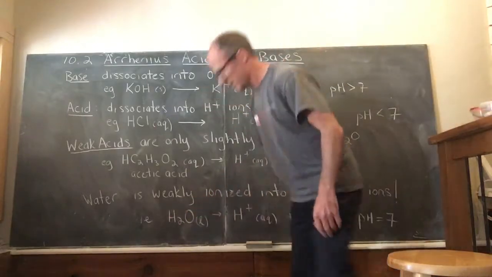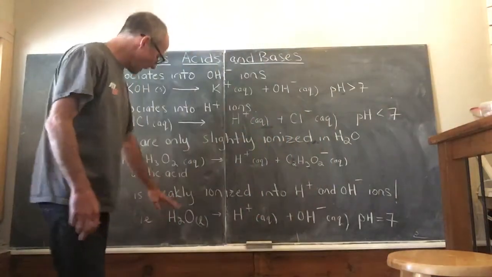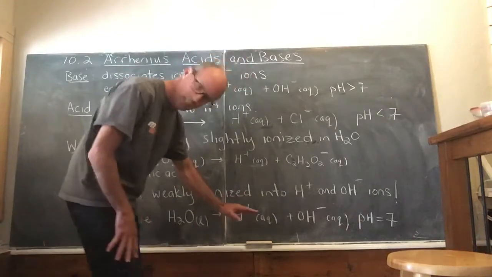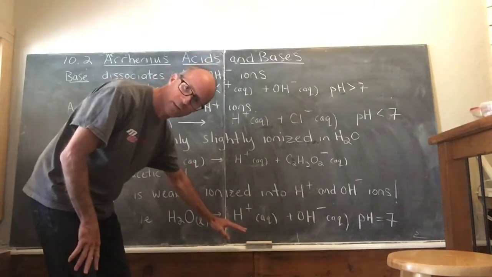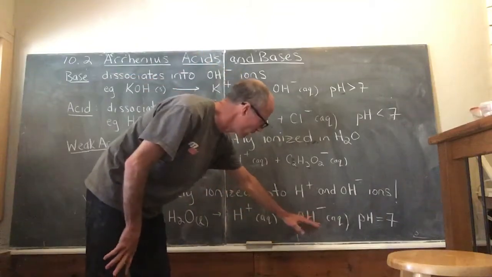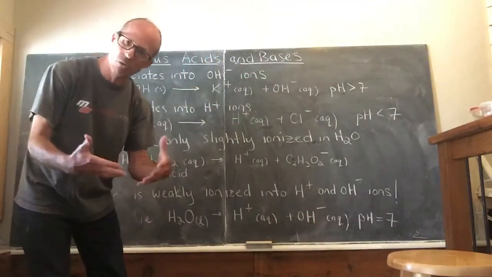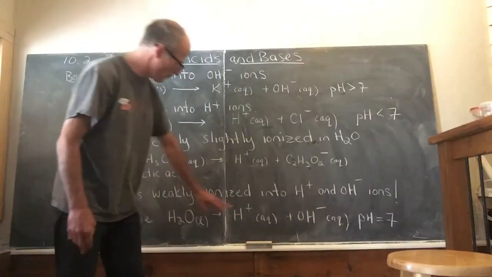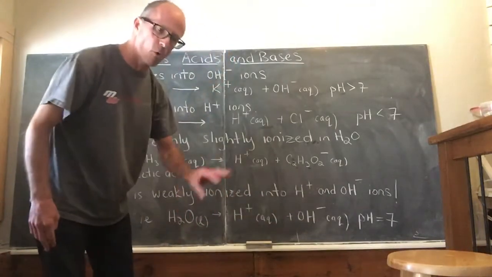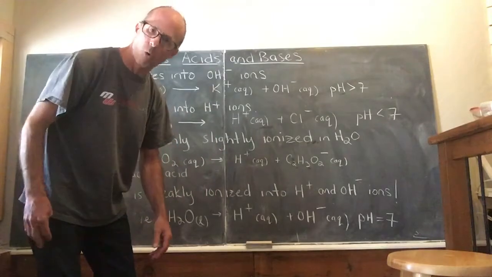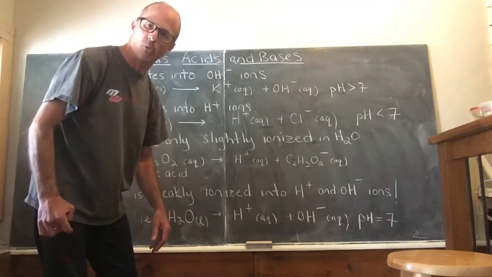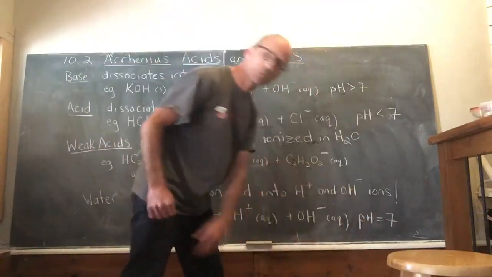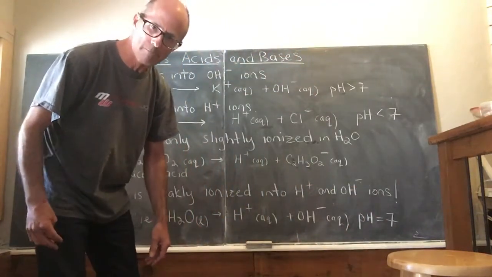Well, it just happens to be that H2O is very weakly ionized into equal quantities of H plus ions and OH minus ions. They are equal in concentration. And it turns out that their concentrations end up being about 1/10,000,000th of a mole per liter in pure water. So very little bits of each. That's what gives us the pH of 7 for pure water.